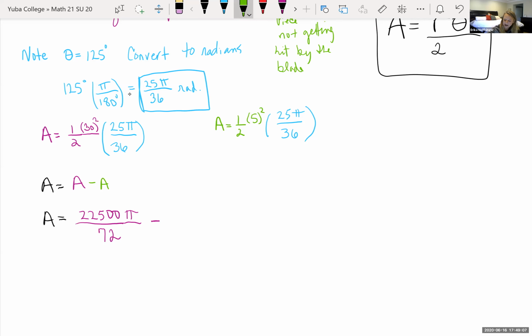So 25 times 25, because 5 squared is 25, and then 25 times 25 is 625. We still have that pi piece there. All over 2 times 36, which is 72. So if I have 22,500 pi minus 625 pi, that gives me 21,875 pi all over 72 inches squared.